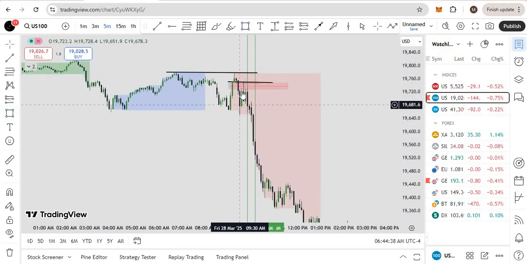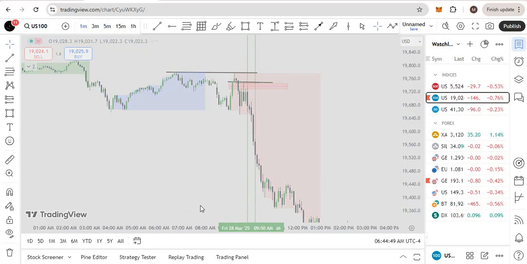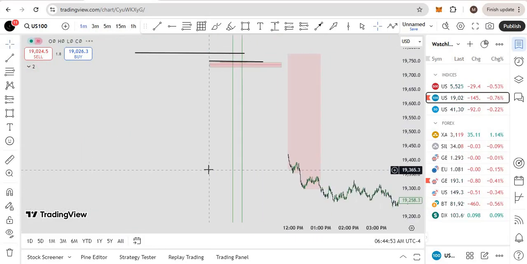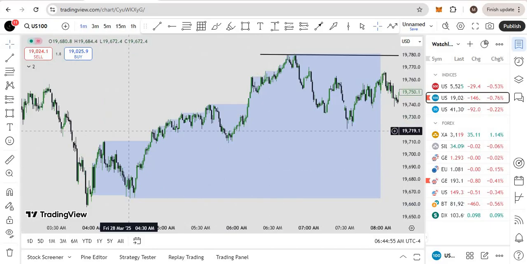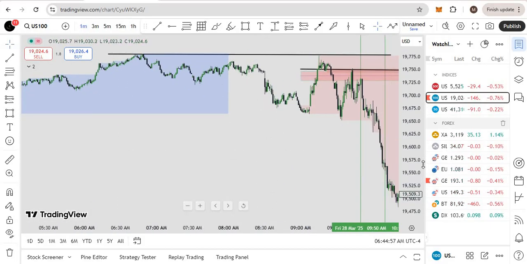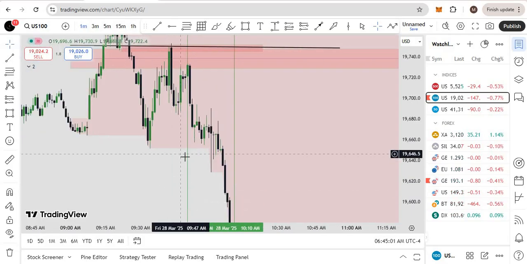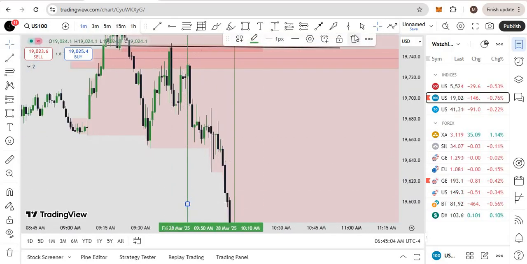So what happened then, I took the trade exactly on the mid of this fair value gap, and then I waited for 1 2 3 risk to reward. If you go to the 1 minute time frame for you, I will show you the setup. Let me remove this green line so you will understand more correctly.